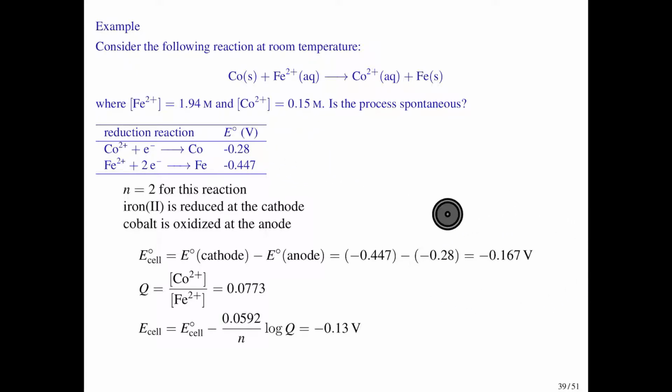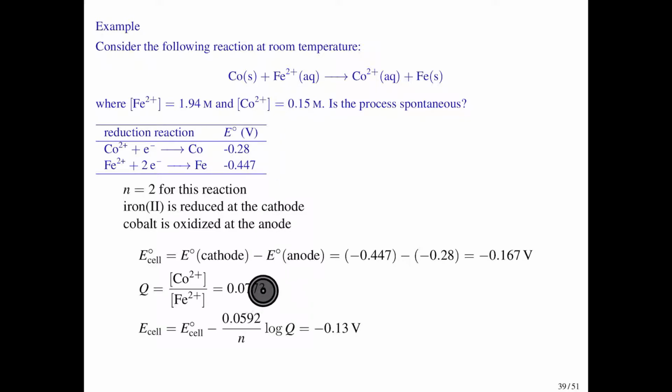We get this value for the standard cell potential, and so that's one part of the Nernst equation. The other part of the Nernst equation is the reaction quotient term, and so for this reaction, the reaction quotient is products over reactants raised to their stoichiometric powers, and so that's going to be the concentration of the cobalt ion divided by the concentration of the iron 2.